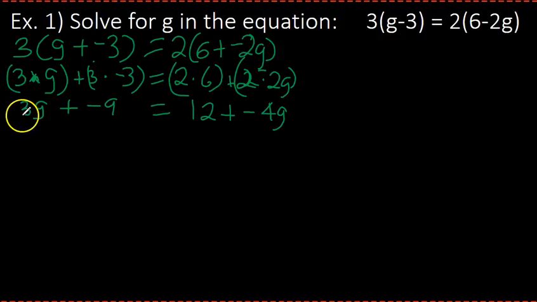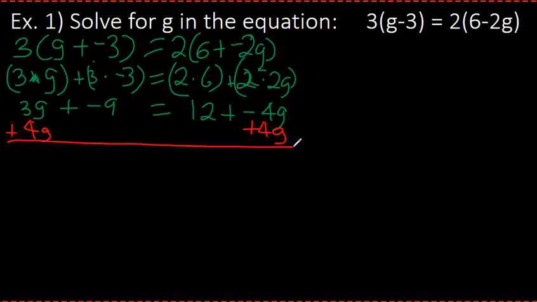So like 3g, positive 3 is bigger than negative 4. So we're going to move negative 4g, so we're going to add 4g to both sides. Okay, this will only help you not have a negative sign with your variables, that's all. But even if you take the big one and move it to the small one, you will still get the same answer if you do your operations right.